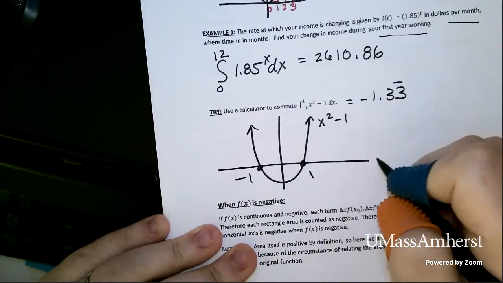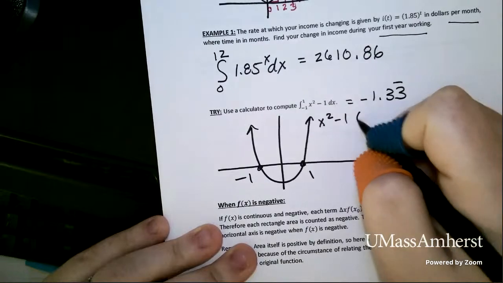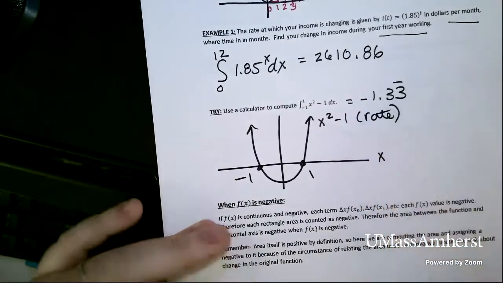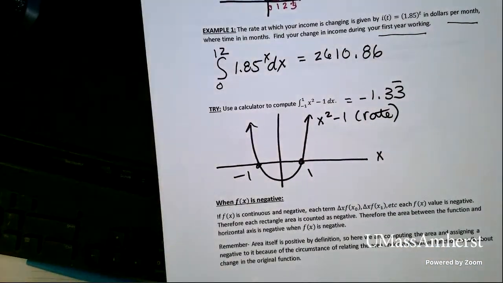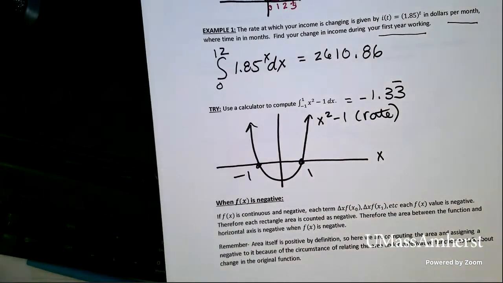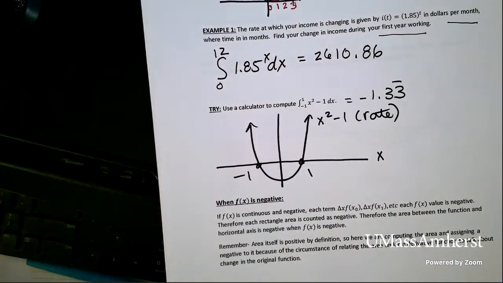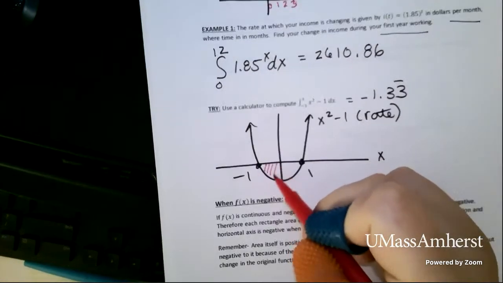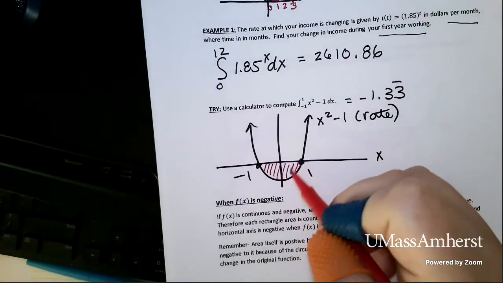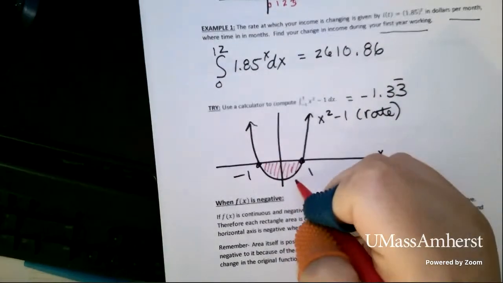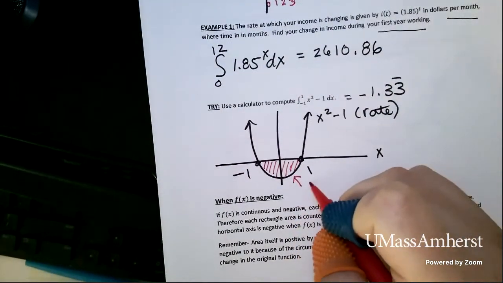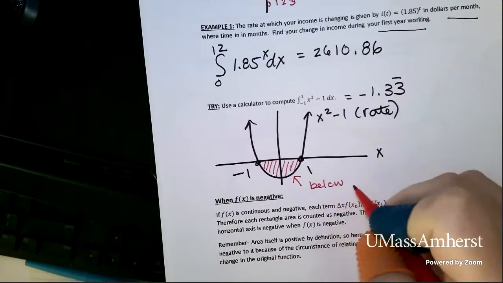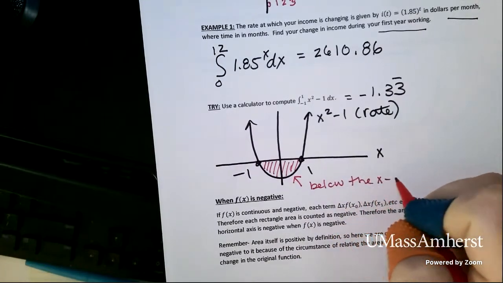This is -1. This is x. As a reminder, this is a rate, which is going to tell us something about the original function. If I were to think about the area between the function and the x-axis from -1 to 1, that is this area here. This area is below the x-axis.